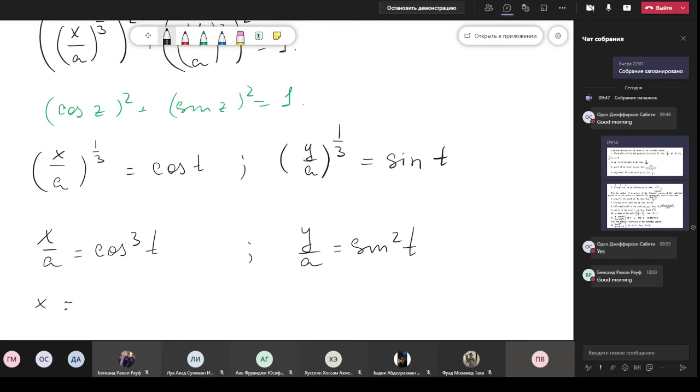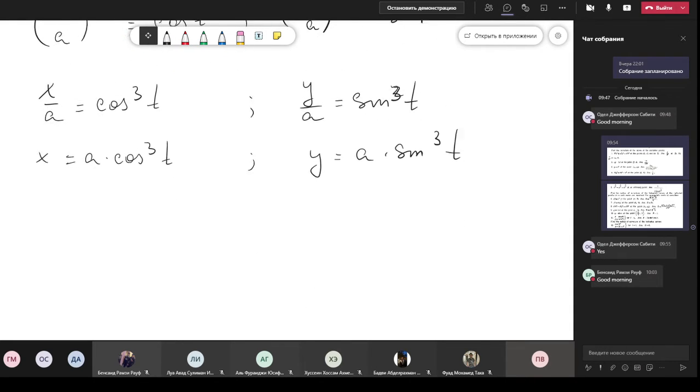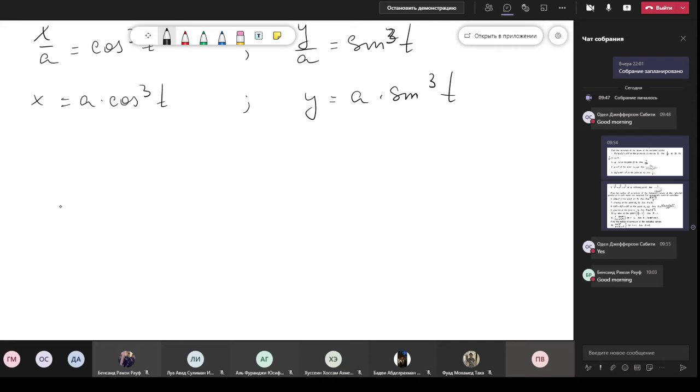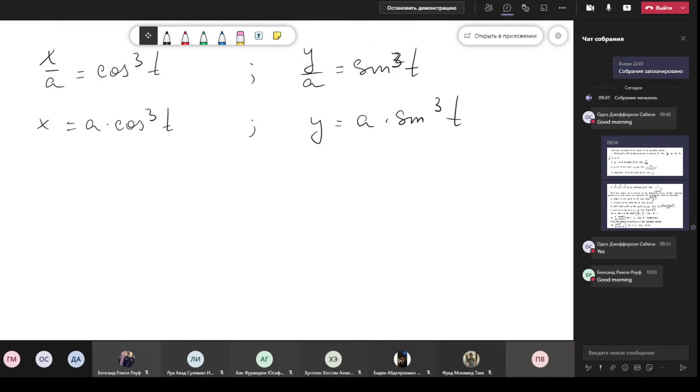Or x is a times cosine cubed of t, and y is a times sine cubed of t. Continue. And we have the parametric form of our equation.